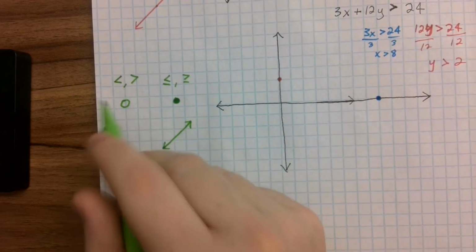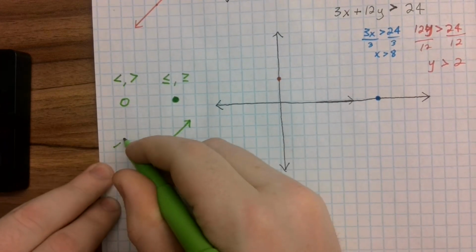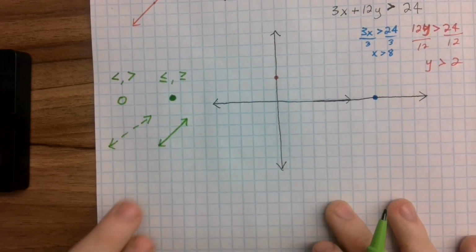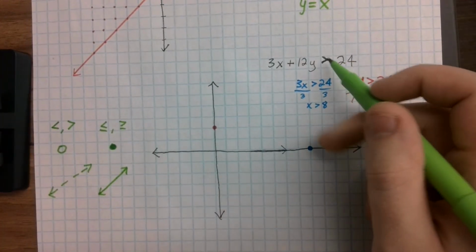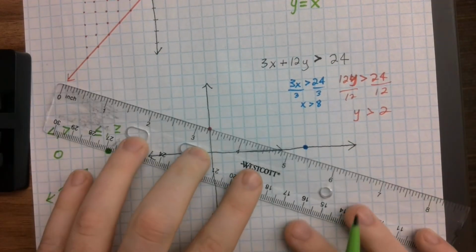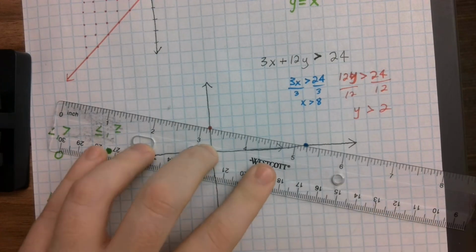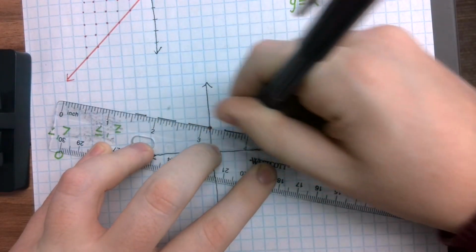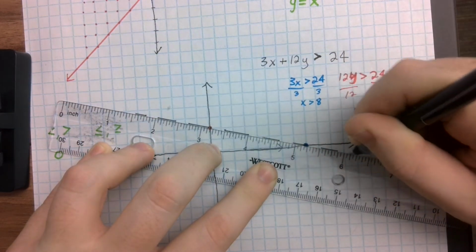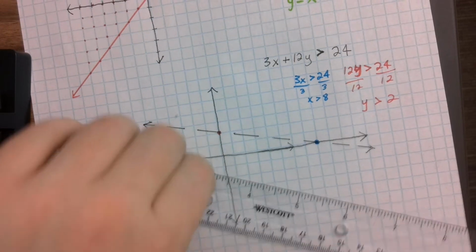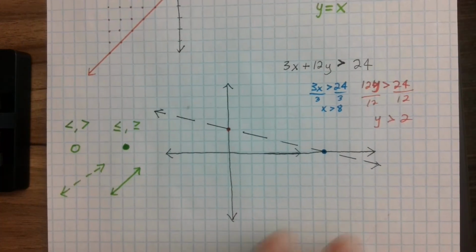If you have just a less than or just a greater than symbol, you're going to use a dashed line. It's a little different. So here we have a greater than symbol, so we would use a dashed line to describe it. Here we are, and I'm going to use a dashed line to connect these 2 points. Bam and bam. We have just created our boundary line.